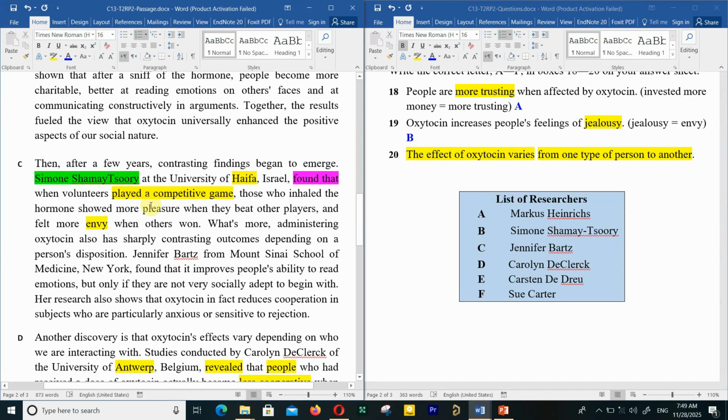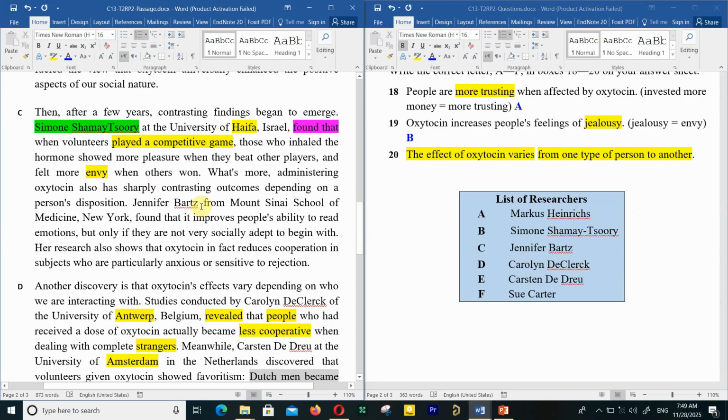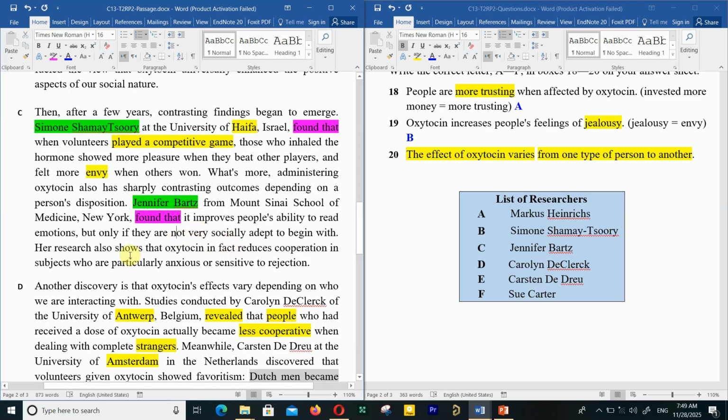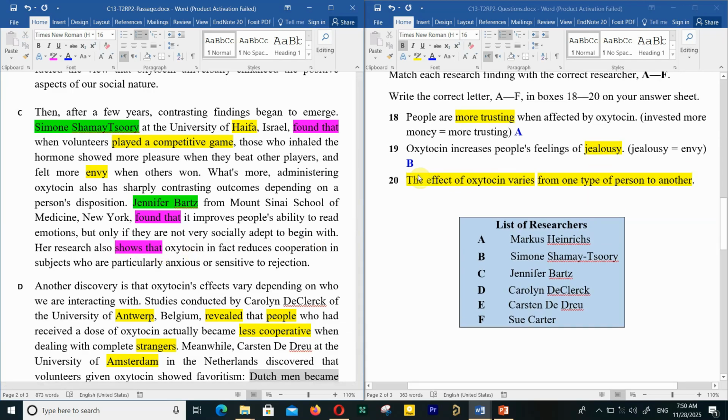Now, another scientist, Jennifer Bartz. Jennifer Bartz, who is a lady, not a guy, sorry. Again, found that. It's important to notice that. Found that. And maybe here shows that. And we are left with just one question.